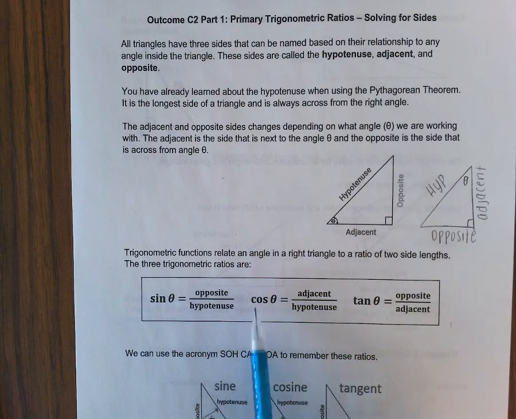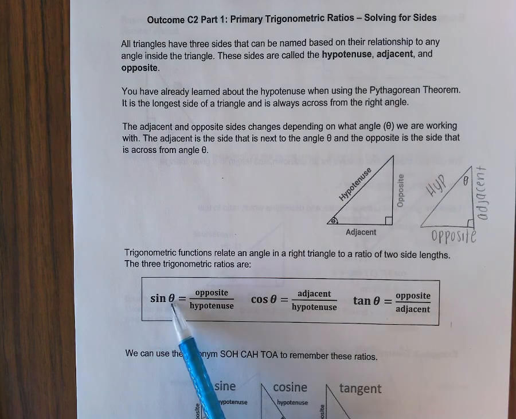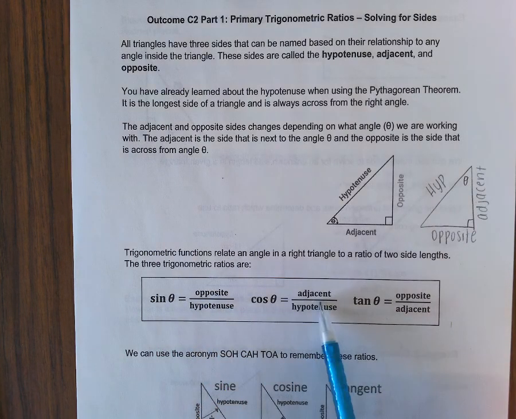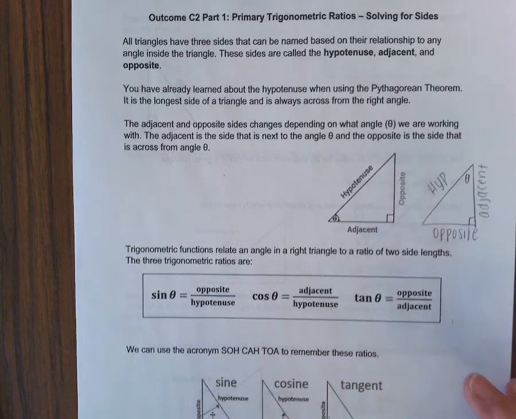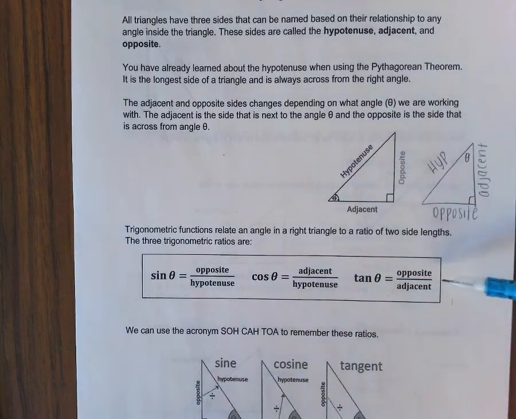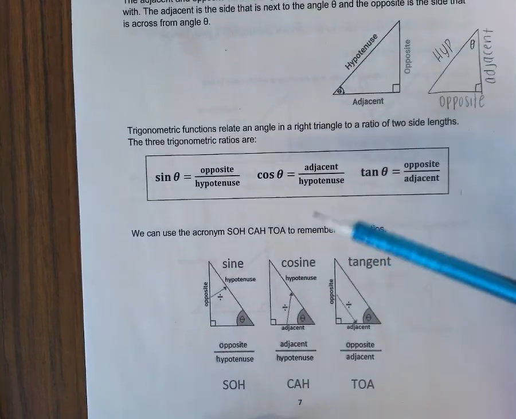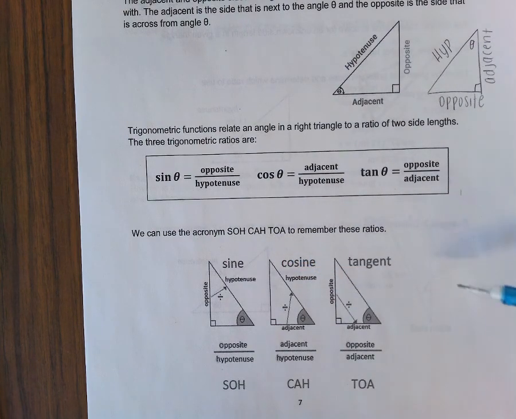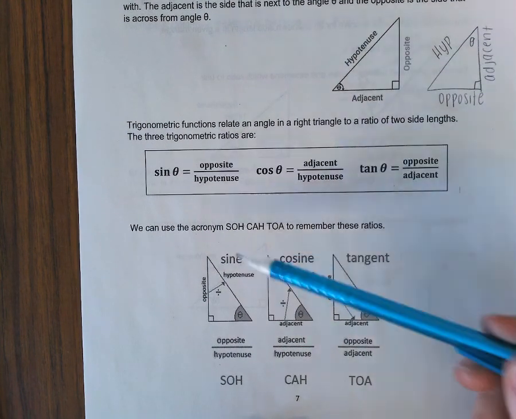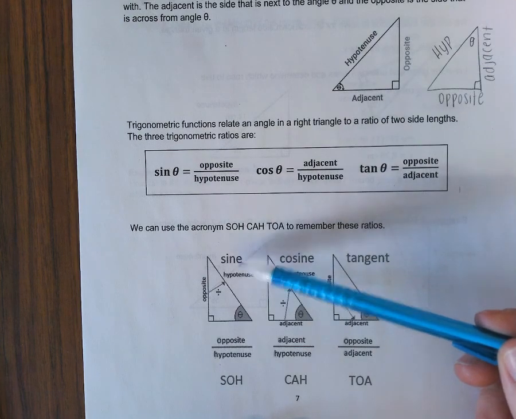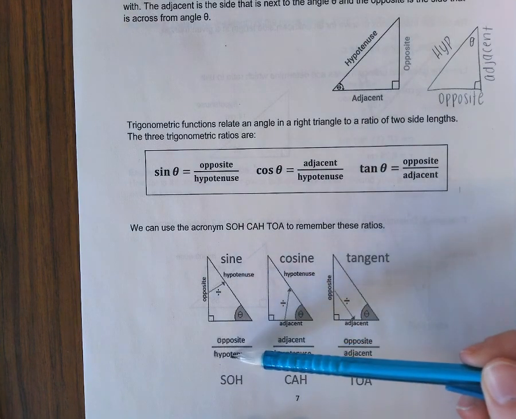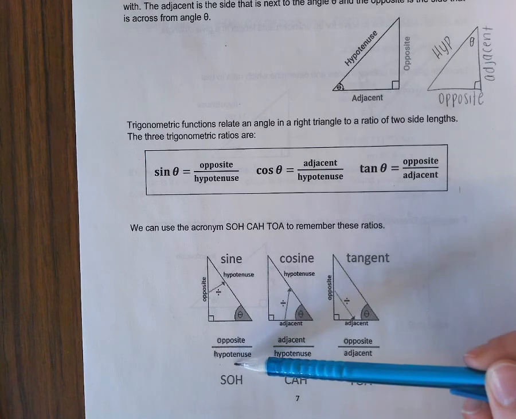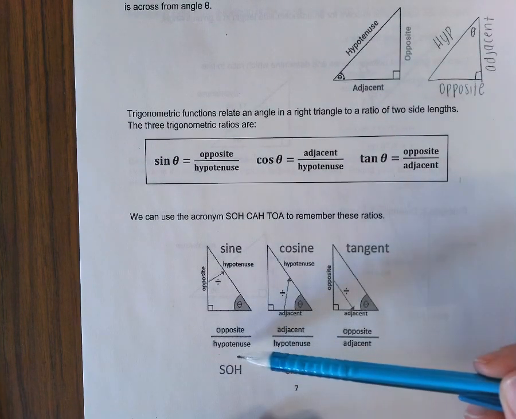Now, sine, cos, and tan are called trig functions, and they're functions that go with the angles. They will be equal to these ratios. Now, a way to remember these three ratios is with an acronym called SOHCAHTOA. It's just a way to remember the ratios. So you'll see here that when you're using sine, you have opposite over hypotenuse, O over H, which is SOH.